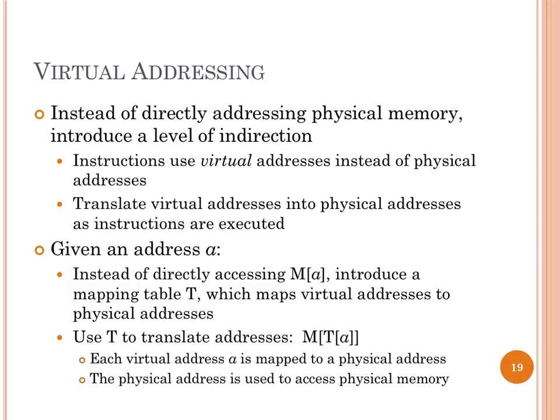Instead of just saying we're going to access memory at address alpha, which has kind of been our abstraction all the way up to this point, what we're going to do is use that address alpha and put it through a mapping table. And then whatever the mapping table says, we'll use that address.